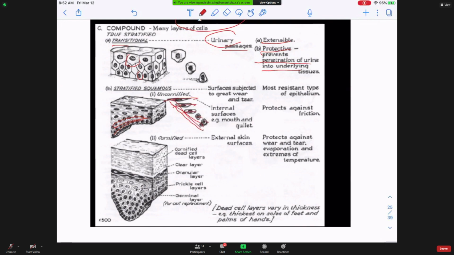The surface is subject to great wear and tear, such as the internal surface of the mouth and some other tissues. So most are a resistant type of epithelium that protects against friction.